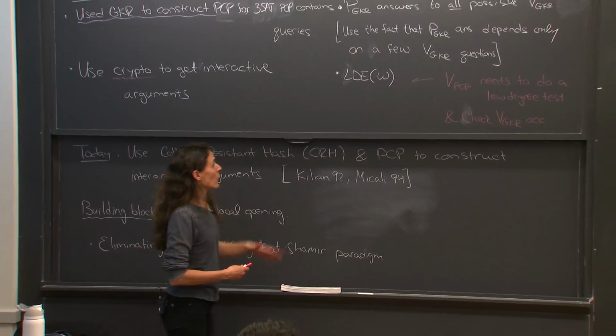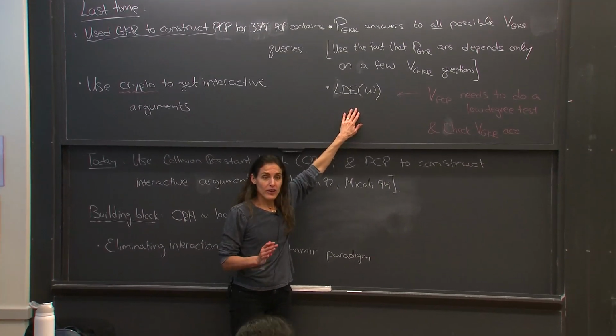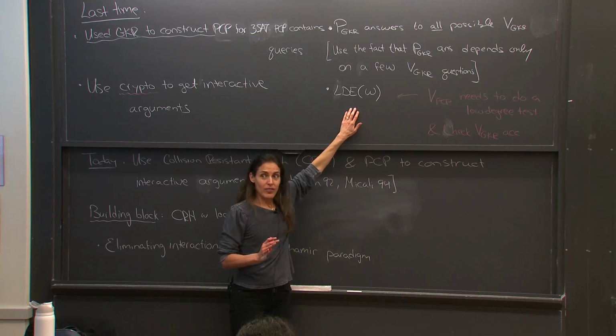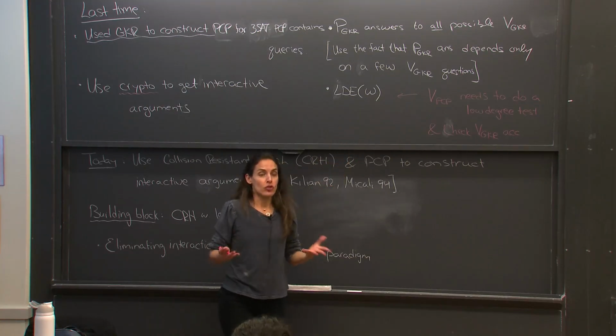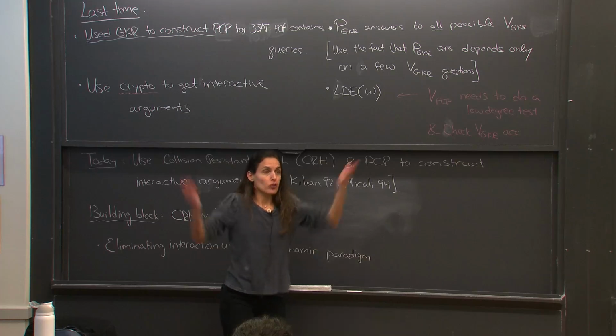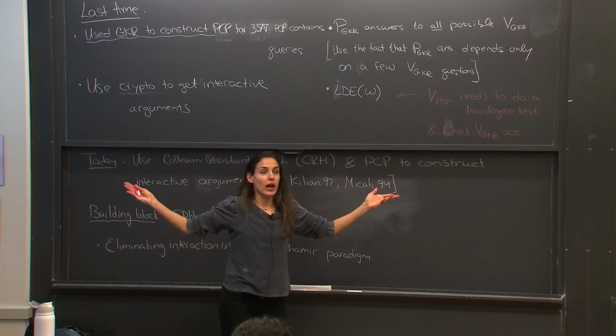Okay. So what's the problem? What about soundness? Soundness seems like it should follow from just GKR. You're interacting with a GKR prover, and soundness should just follow from the GKR.